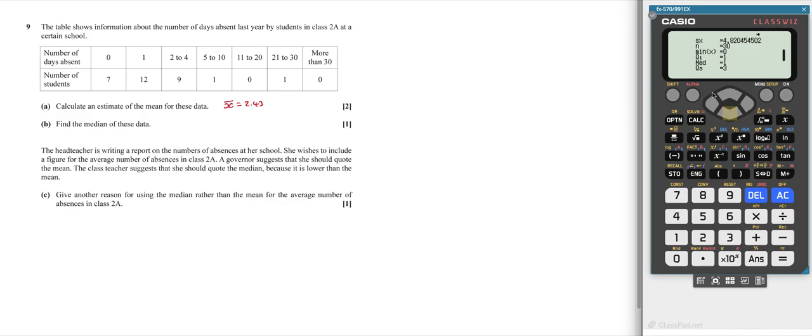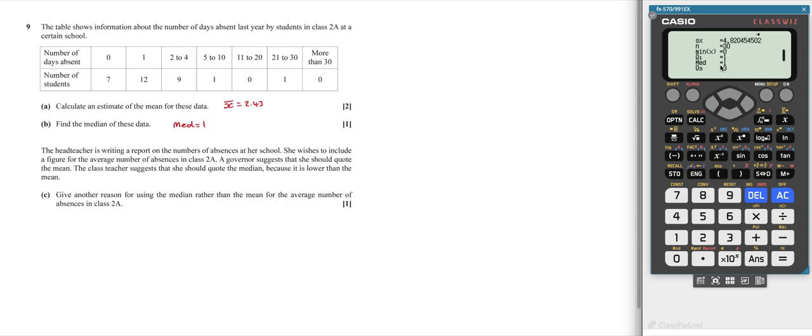Find the median of the data. So we'll go down. Median is 1. Head teacher is writing a report on the number of absences at school. She wishes to include a figure for the average number. Governor suggests she should quote the mean. The class teacher suggests she should quote the median. Give another reason for using the median rather than the mean.